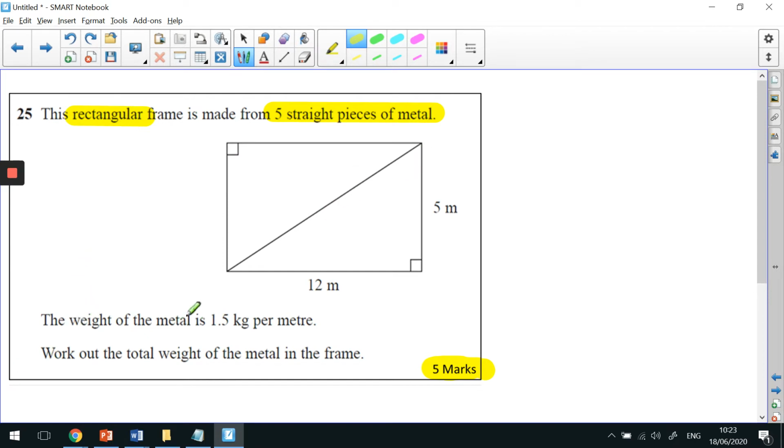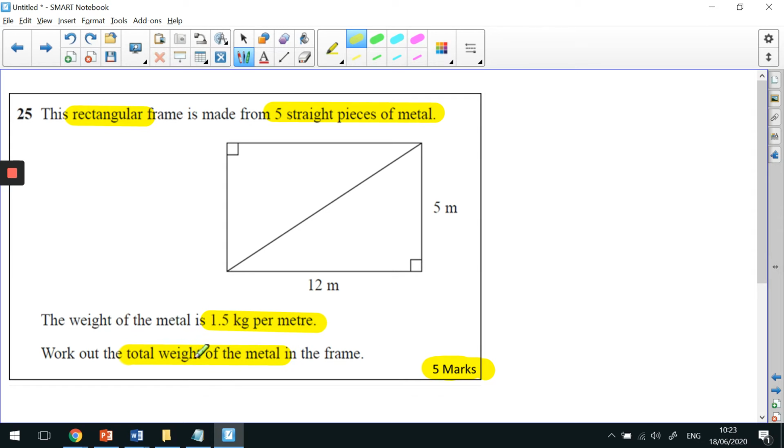Okay, so the weight of each piece of metal is 1.5 kilograms per meter. So that means every meter of this is going to be 1.5 kilograms. And what we're being asked to find is the total weight of the metal.